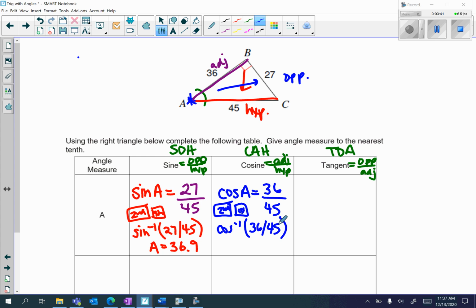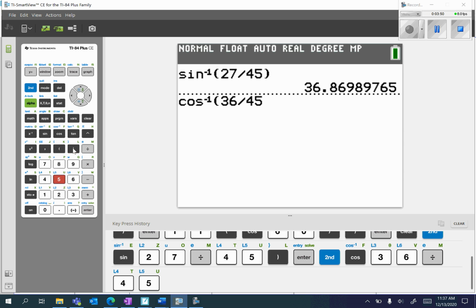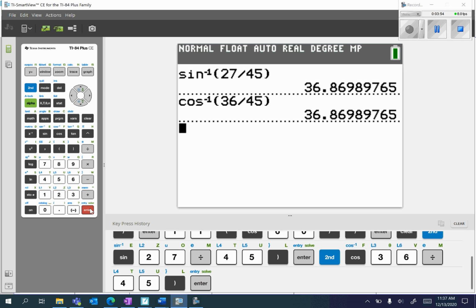Let's go to our calculator. So we're going to do second cos 36 divided by 45. And we get the same measure, which makes sense because angle A would be 36.9.